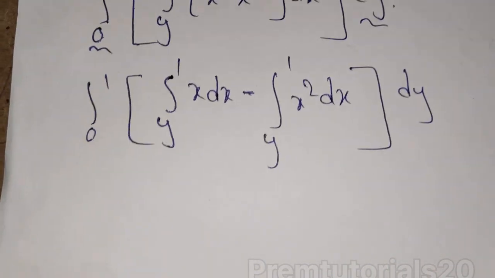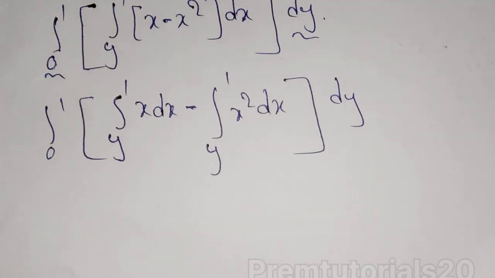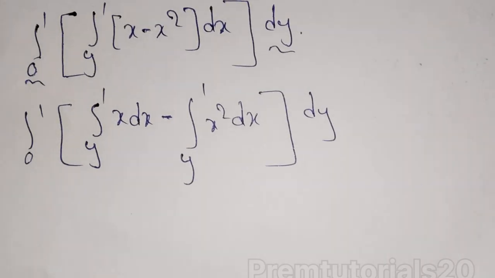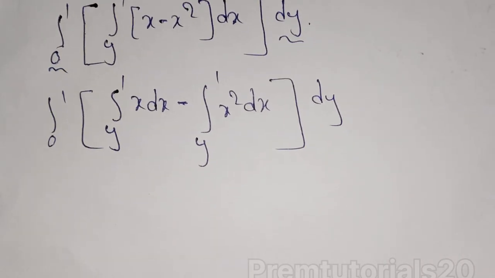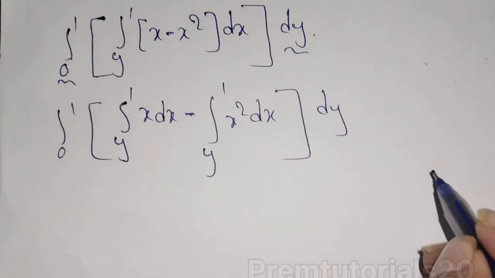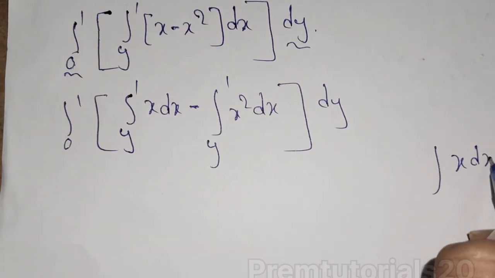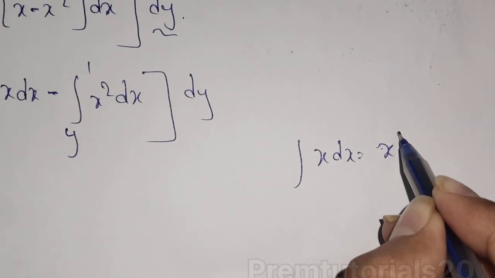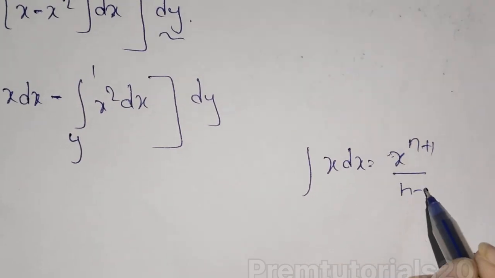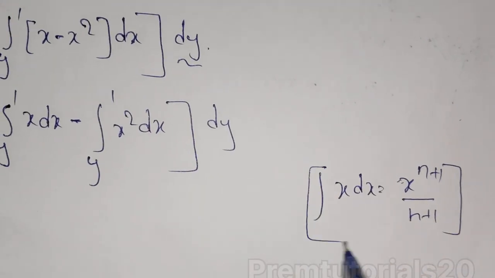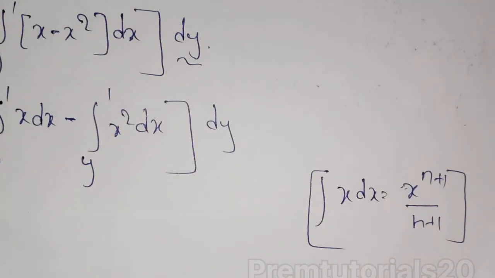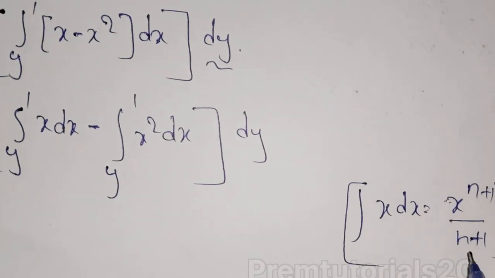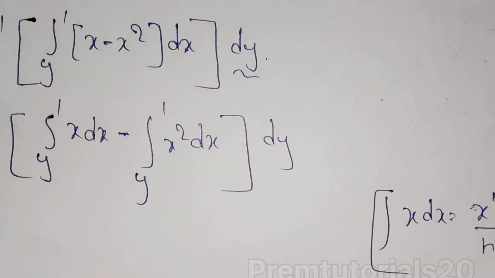Now it's time to find the formula. We already know the integration formulas. What do we get here? Integral x dx equals x to the power of n plus 1 by n plus 1. So this is the formula for integral x dx equals x to the power of n plus 1 by n plus 1. Now in the place of n we have 1 here.